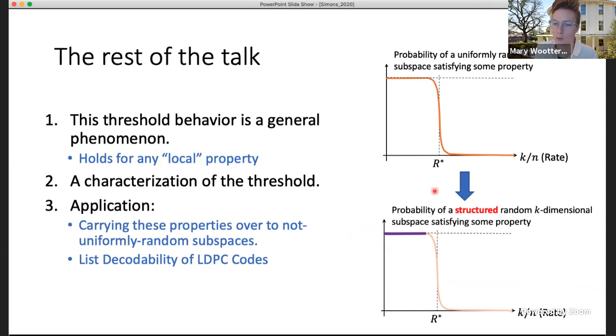And what this third part is going to show is that if you have a high probability result, like these results up here for uniformly random codes, saying that with high probability a random linear code, or uniformly random subspace, will satisfy this property, then with high probability this structured random subspace will also satisfy the property.